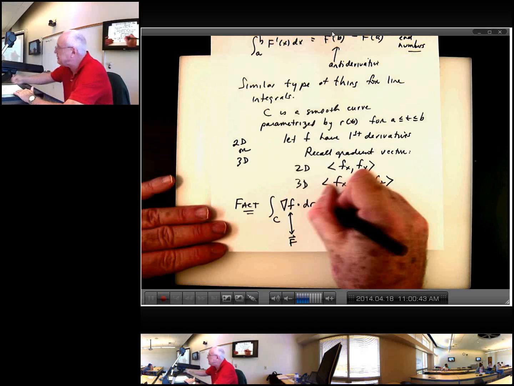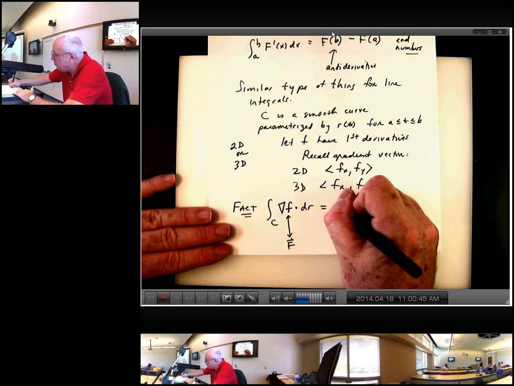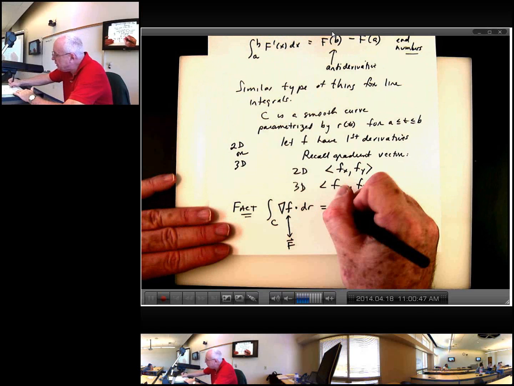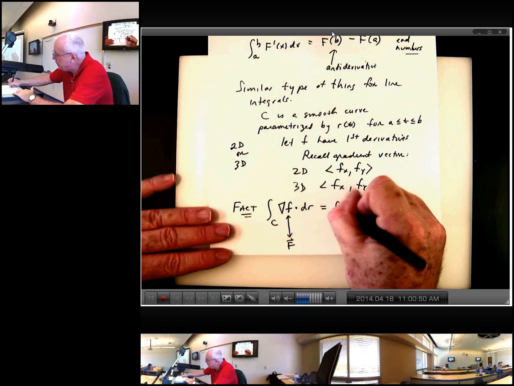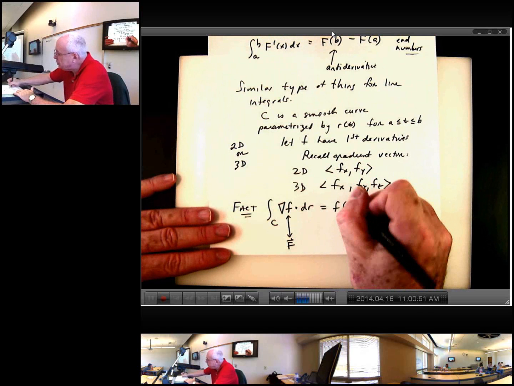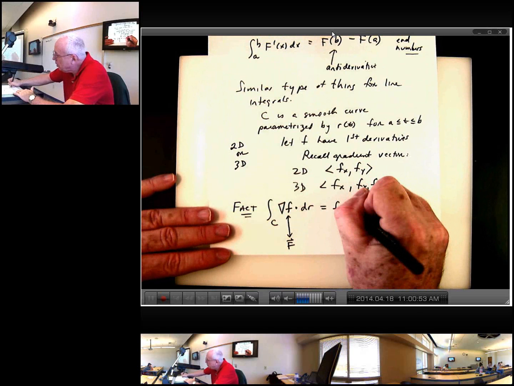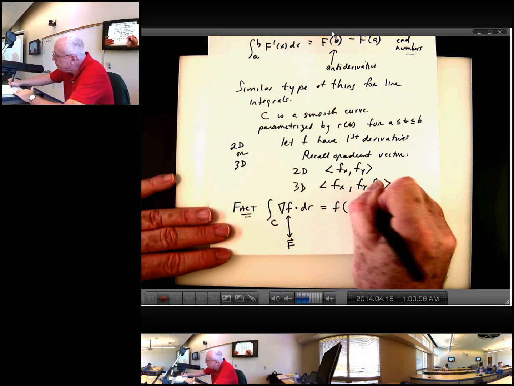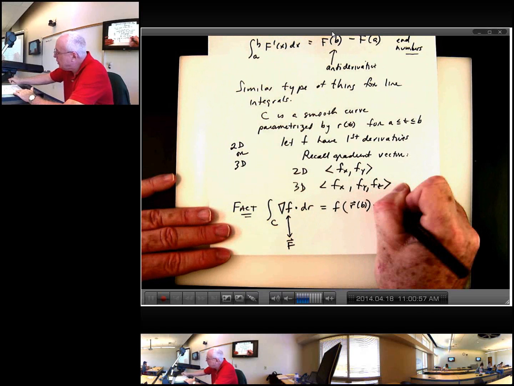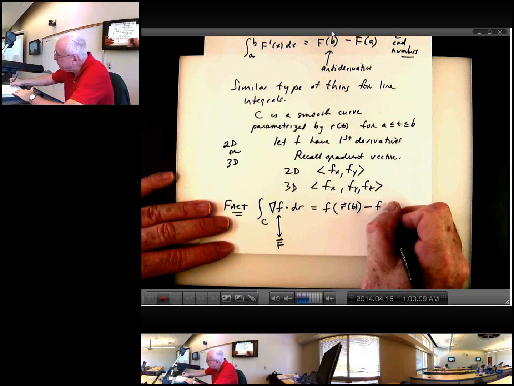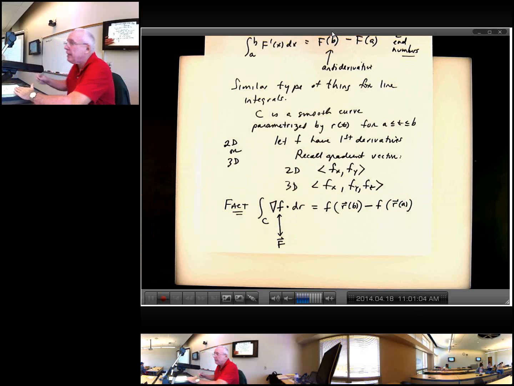Guess what this equals? It equals the original function f evaluated at the endpoint r of b minus the original function f evaluated at the beginning of our curve at a.